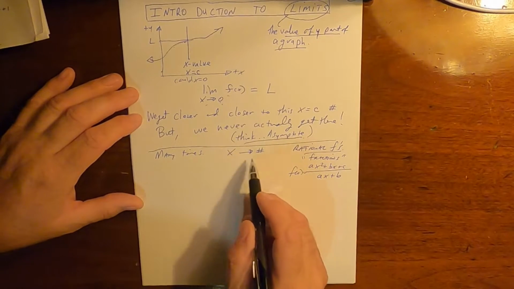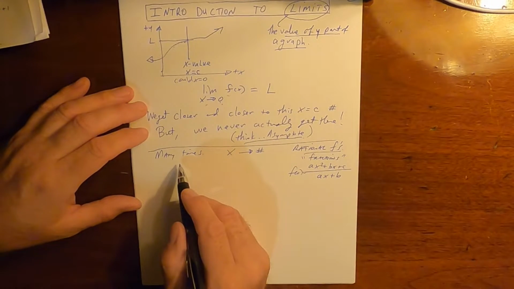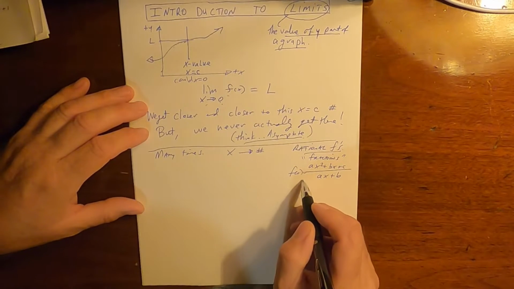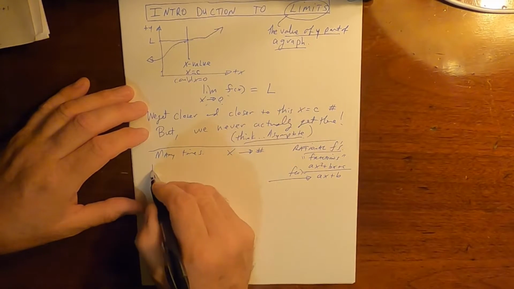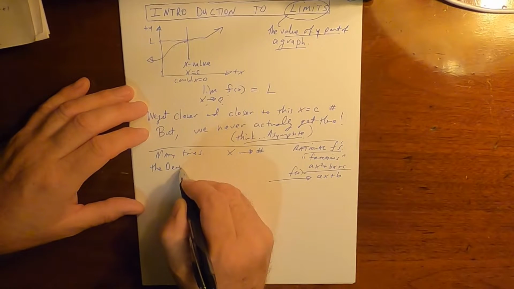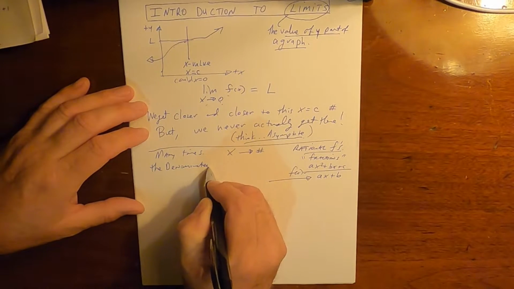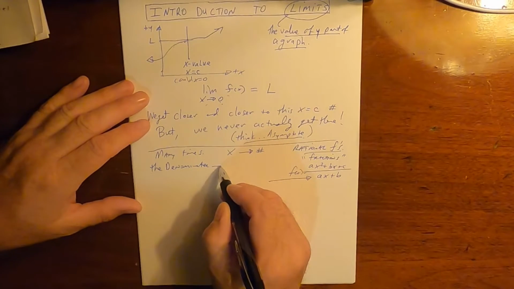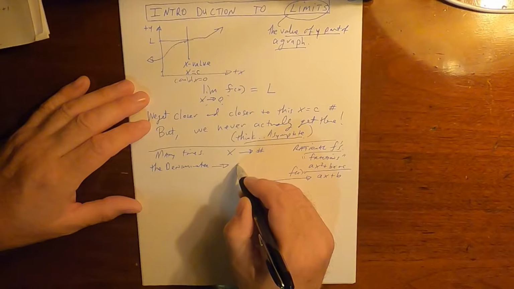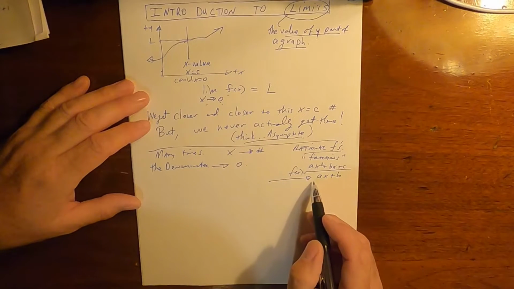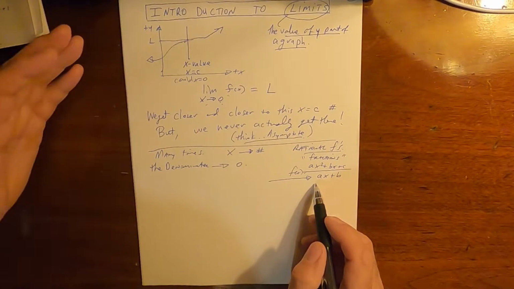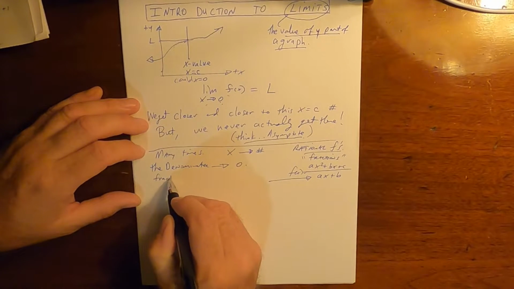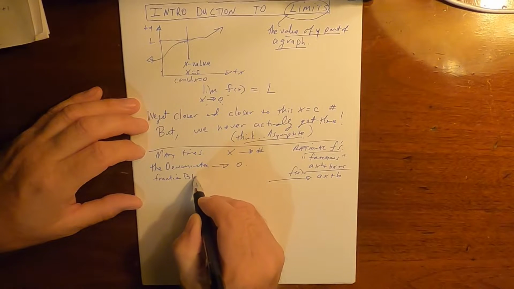Many times we run into a problem where the denominator can actually go to a value of 0. And if that occurs, then the entire fraction blows up.